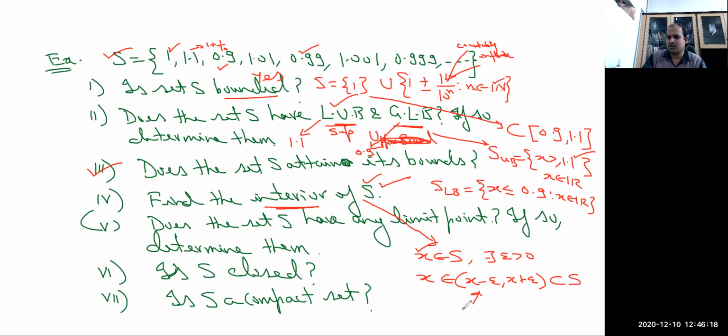For epsilon greater than 0, this interval is uncountable, and the given set is countable. An uncountable set cannot be contained in a countable set. So none of the members of the set S is going to be an interior point.